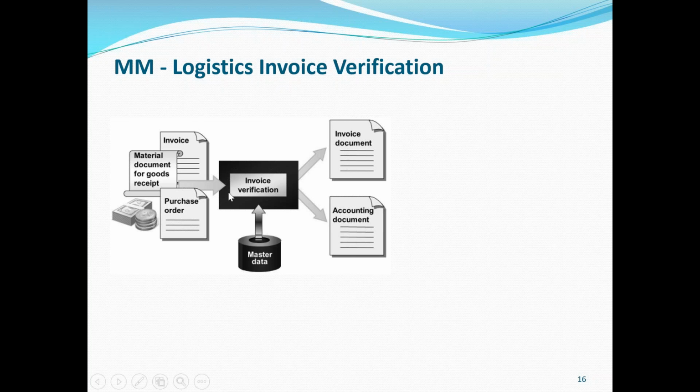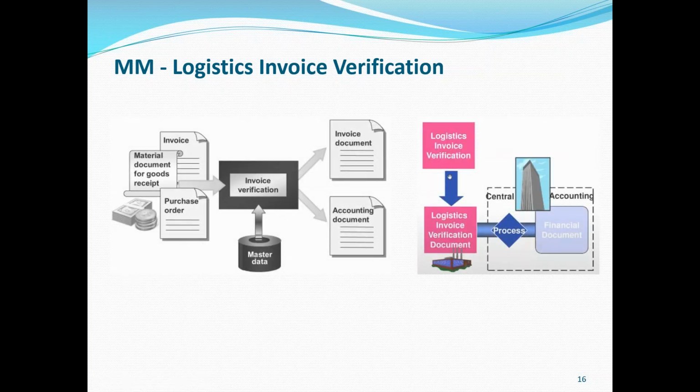The invoice is verified with reference to the material document which was created during the good receipt and the purchase order. As a result of invoice verification, we have an invoice document and an accounting document. So that we will be discussing in detail under invoice verification.